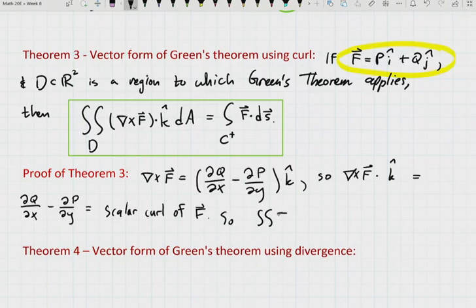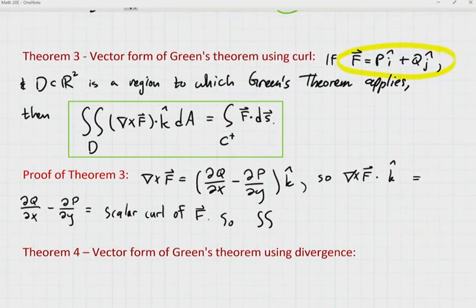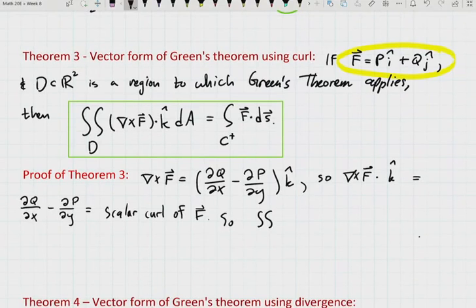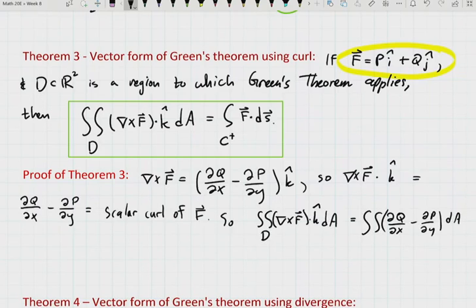When we integrate this curl, we get dQ/dx minus dP/dy, which by Green's theorem is the same as the line integral of P dx plus Q dy.